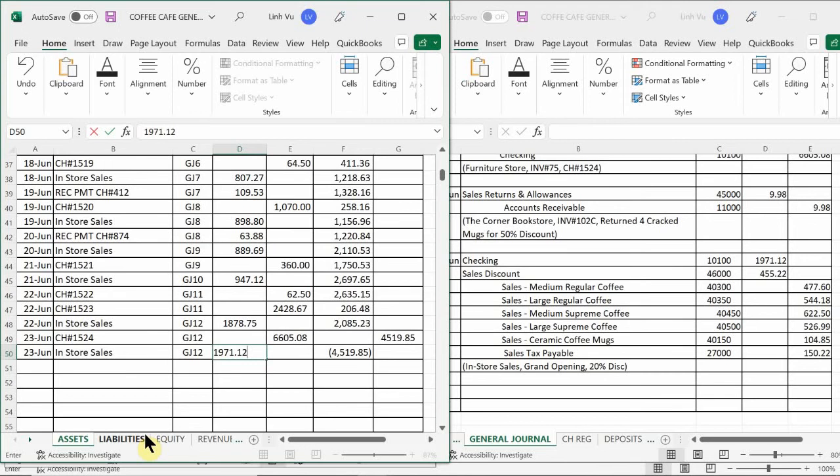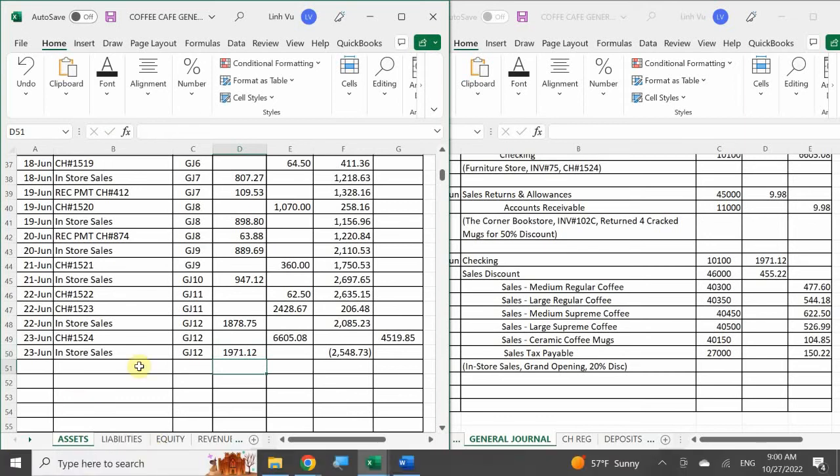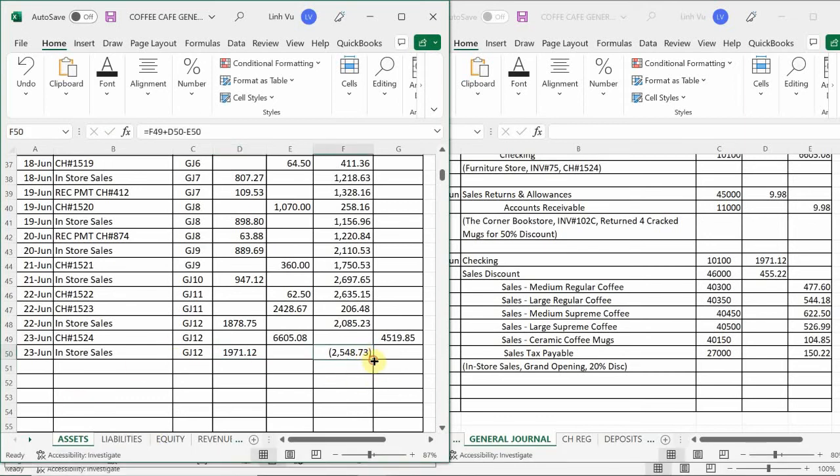But what I meant is, you're going to subtract the two numbers, because if you have negative money in your bank and you put money in there... So we're sitting at negative $2,548.73. So I'm still in the negative.